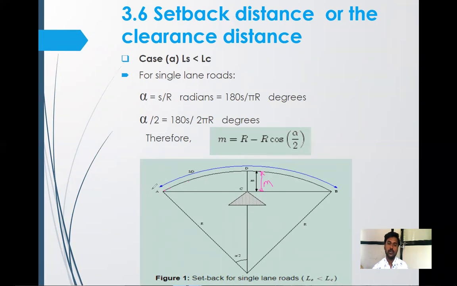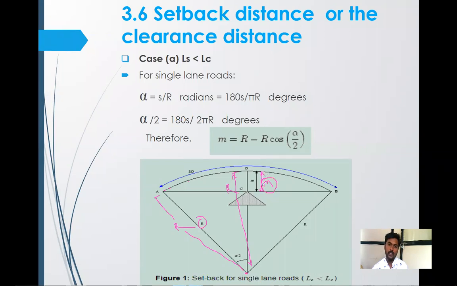Suppose this is the curve and the radius of that curve is r. This is the center point of the curve and it is the radius of the curve. This much should be the radius of the curve. Now we have to find out this distance m.